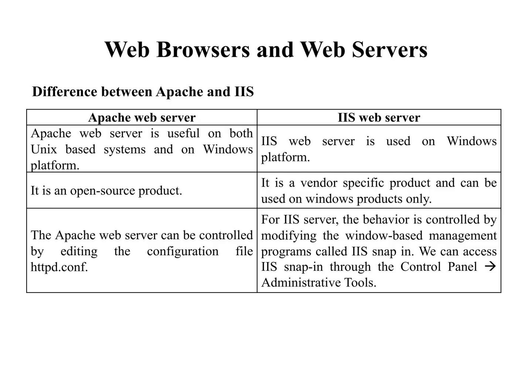It can be used on Windows products only. Apache is controlled by editing a configuration file. IIS is controlled by modifying a Windows based management program called IIS snap-in. This is the difference between Apache and IIS.